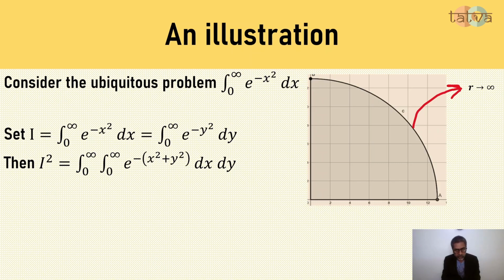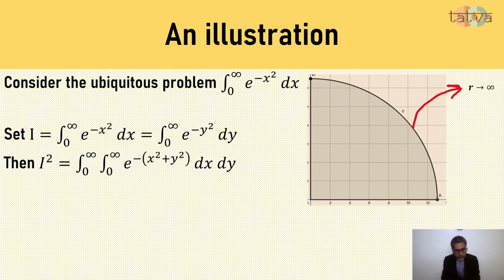Now, if you look at the diagram there, the x limits vary from 0 to infinity and y limits vary from 0 to infinity, which means the entire first quadrant is covered. Now, because there are no bounds for the upper limit, therefore we can visualize that first quadrant in any shape that we like.